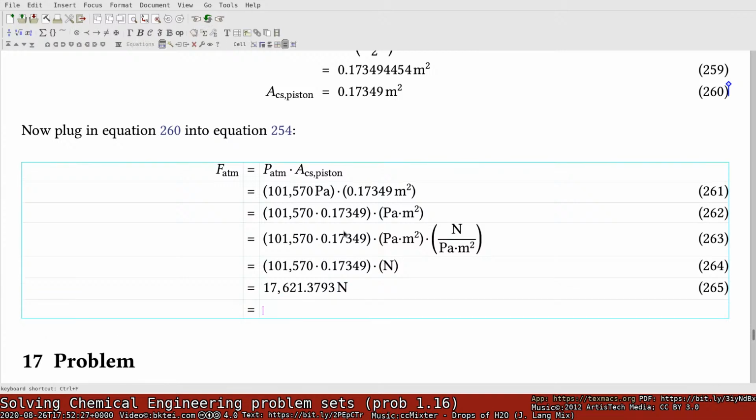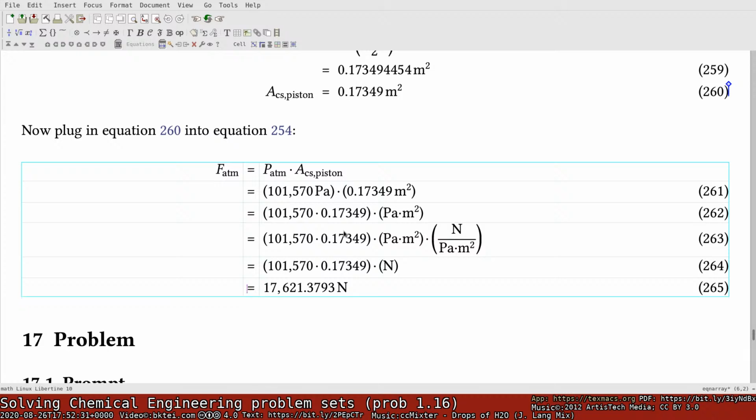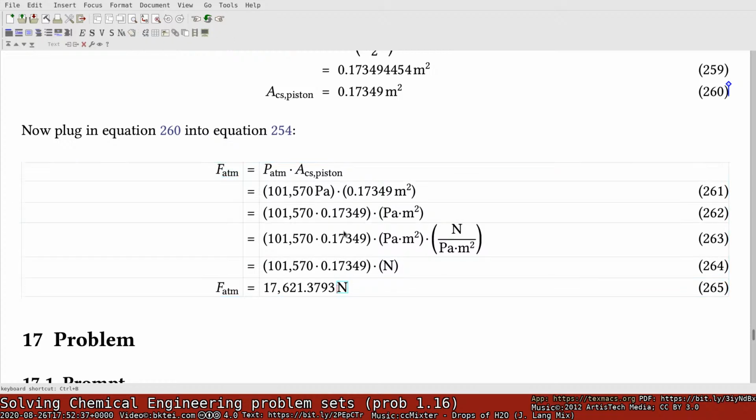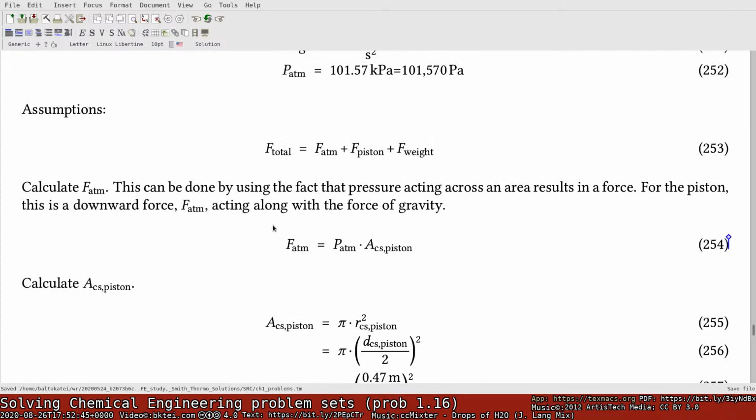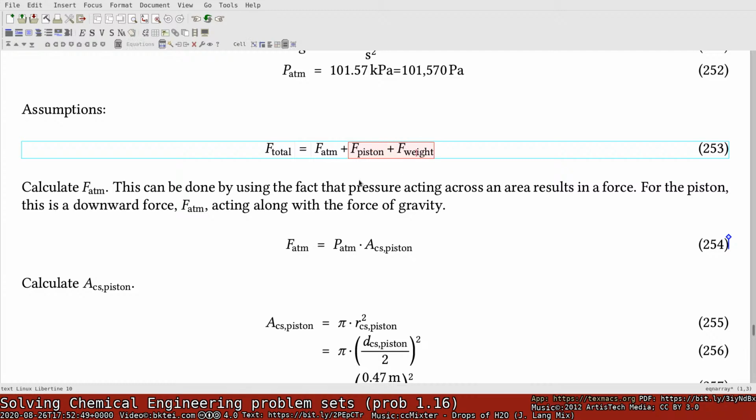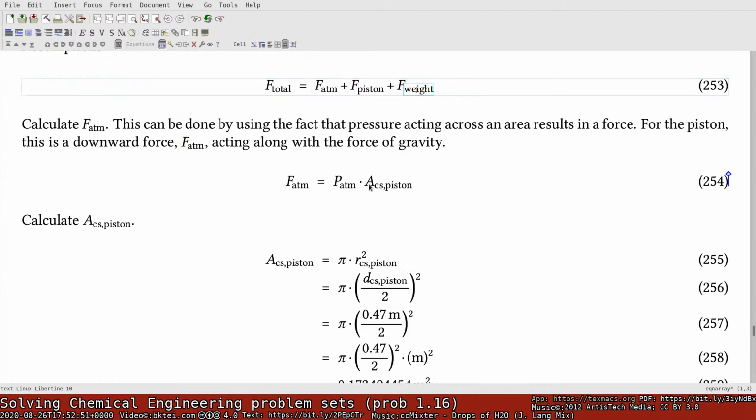Let's keep that as is. We can do sig figs later. Right. So we got a force ATM. That's one of the three. Now we need force of piston and weight. Both will come together.